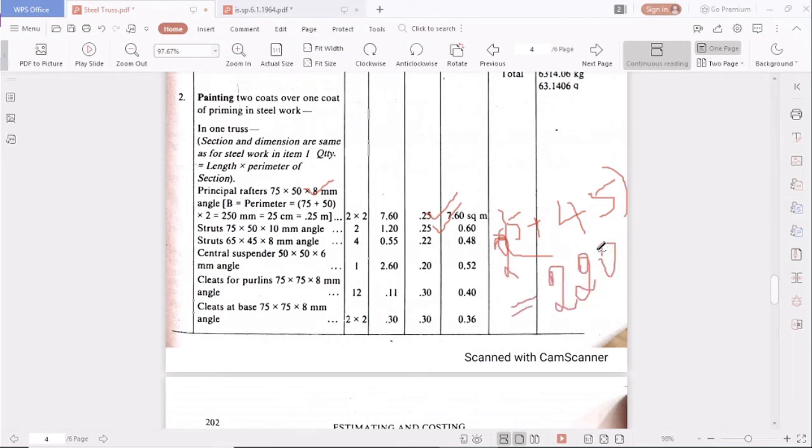Calculate it, you will get around 220 mm, and that is nothing but 0.22 meter. In the same way for the central suspender, 50 plus 50, it is 100, so 100 into 2 is 200, so it is 0.2 meter.